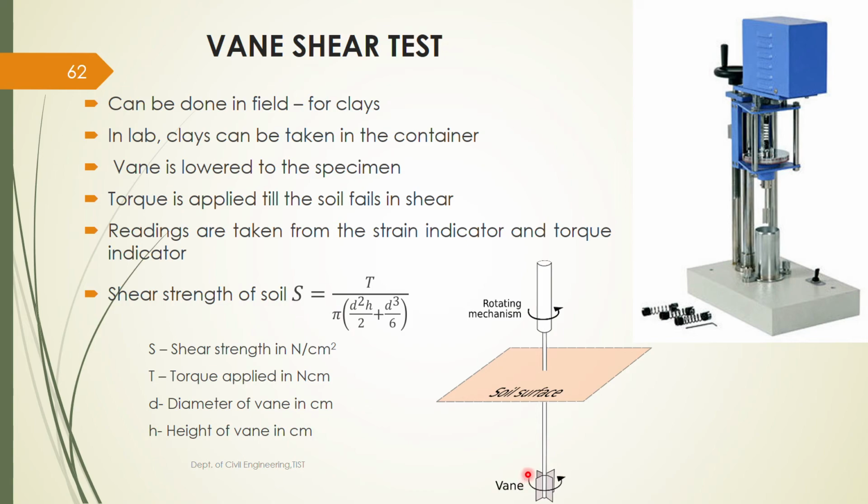You can see 4 blades, and if you measure the diameter, you will get D, and if you measure the height, you will get H. This is the setup for doing the vane shear test in the field. This is the ground surface, and the vane is inserted into the soil and rotated.